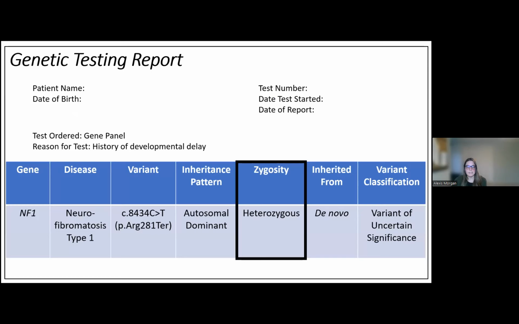Zygosity tells us if the sequence variant was found on one or both copies of the gene. So this does tell us more about the specific patient. In this example, the patient is said to be heterozygous, which is used to describe when only one variant in a gene is found on one copy of the gene.